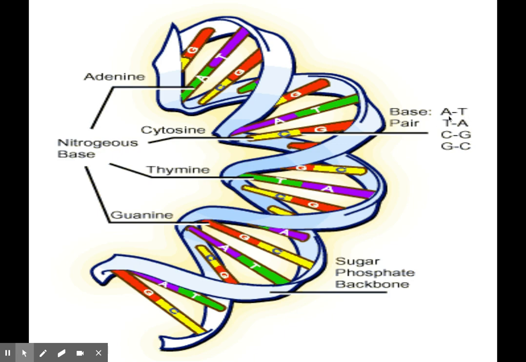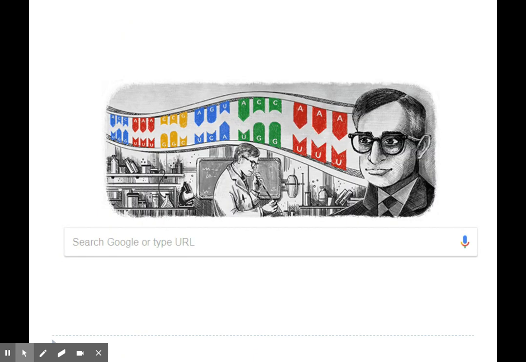So these A's, T's, C's, and G's, these are all the codes that DNA stores, and by rearranging these letters, we can create instructions for a cell to follow. But this twisted ladder shape is how you best recognize a nucleic acid.